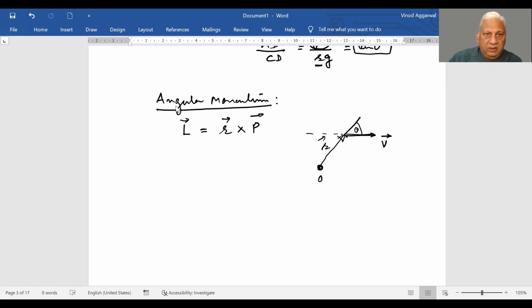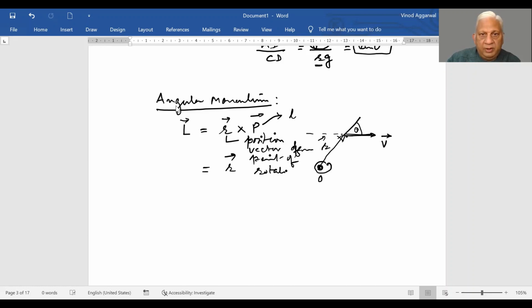Then we can say this is the position vector from the point of rotation, which was this here. And what is P? P is the linear momentum.